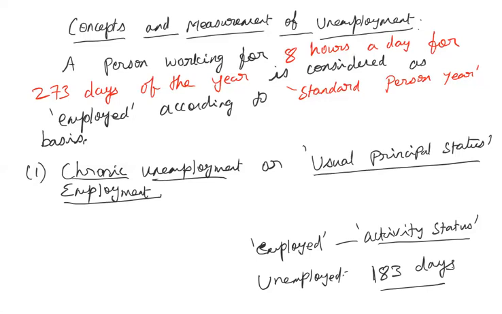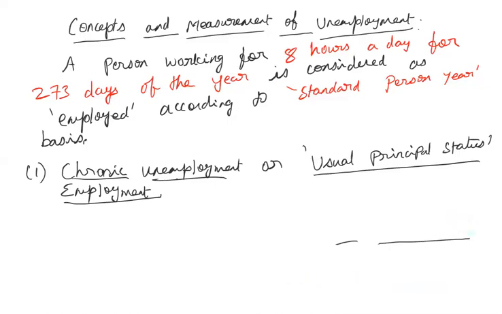So for a major part of a year, the person's activity status shows that he is not being employed, and in that way the person is considered to be chronically unemployed, that is the usual principal status. To put it very simply, if the person remains unemployed for a major part of the year, that comes under the category of chronically unemployed.